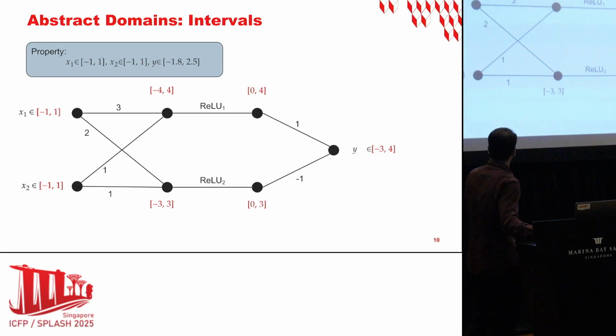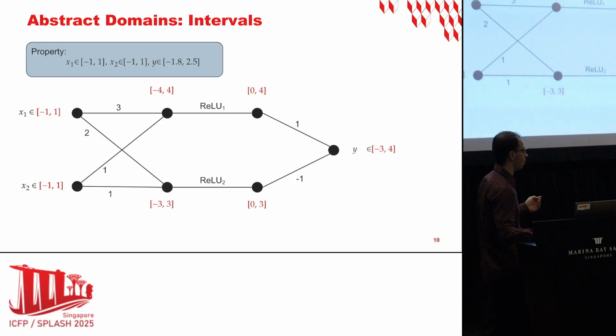For the top row, you perform 3 times [-1, 1] plus 1 times [-1, 1]. You obtain [-4, 4]. You apply the ReLU to [-4, 4], which is the maximum between 0 and [-4, 4]. You obtain [0, 4]. Same for the bottom row. You add them up. You obtain that the output is between -3 and 4, which is not enough to conclude.